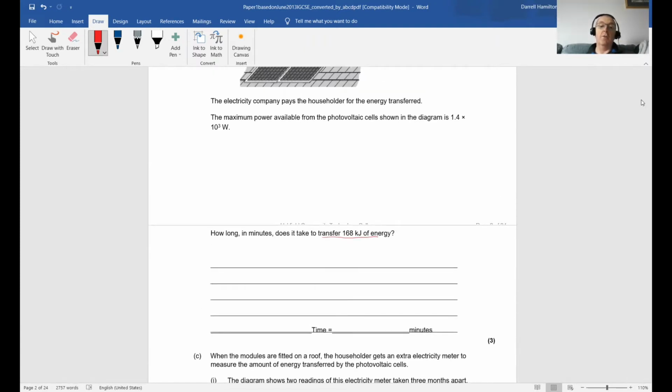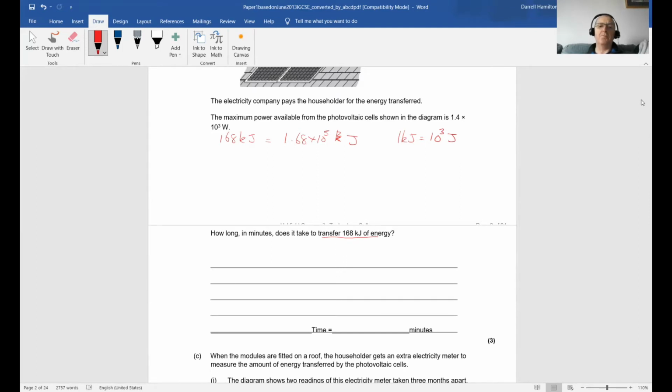So the first thing you have to realize is that 168 kilojoules is 1.68 times 10 to the 5 joules, because 1 kilojoule is 1,000 joules. This is 168,000 joules, 1.68 times 10 to the 5.